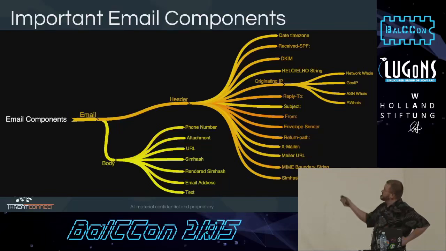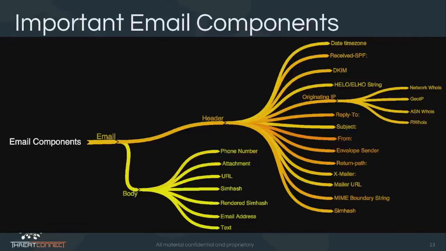What you can get from the originating IP, obviously, is network whois, GeoIP, ASN whois, and also this one that some people don't pay too close attention to, rwhois. An ISP will reassign a block of IP addresses to maybe a hosting provider, and so the hosting provider's information is found in the rwhois data.